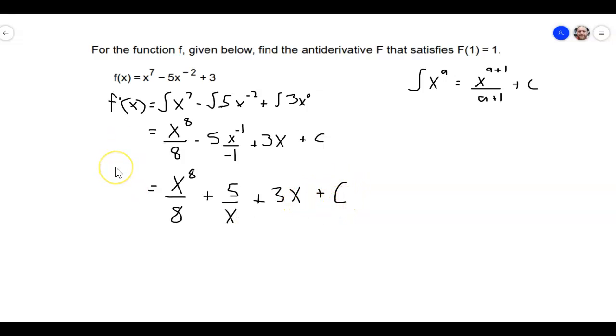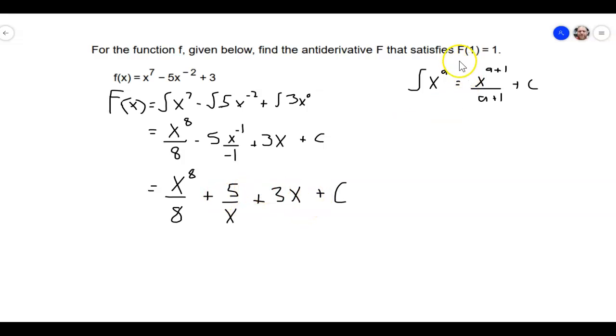I already messed this up, so that shouldn't have been written like that. That should have been written as a capital F, because it's an antiderivative. I'm so used to doing derivatives, I wrote it like a normal derivative, but this should be a capital F as an antiderivative. All right, so we've gotten this far.